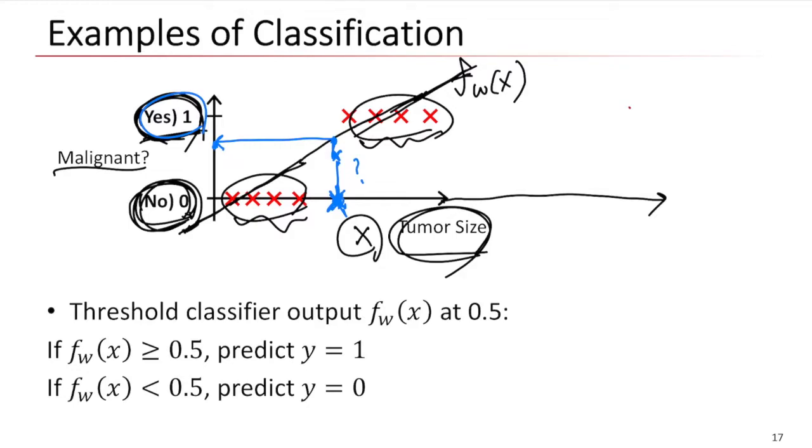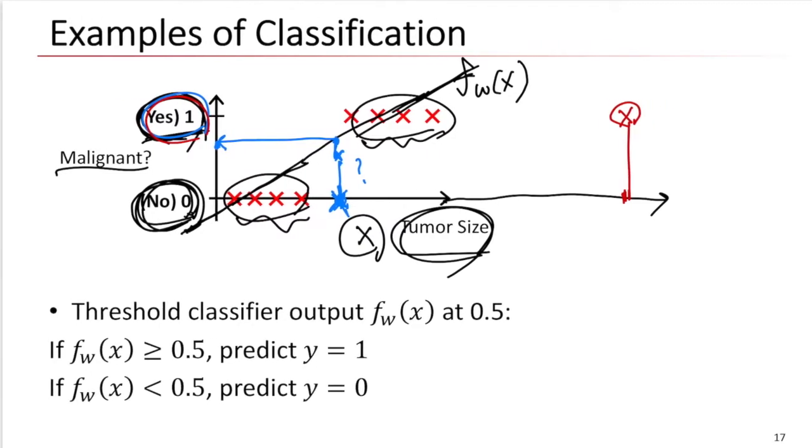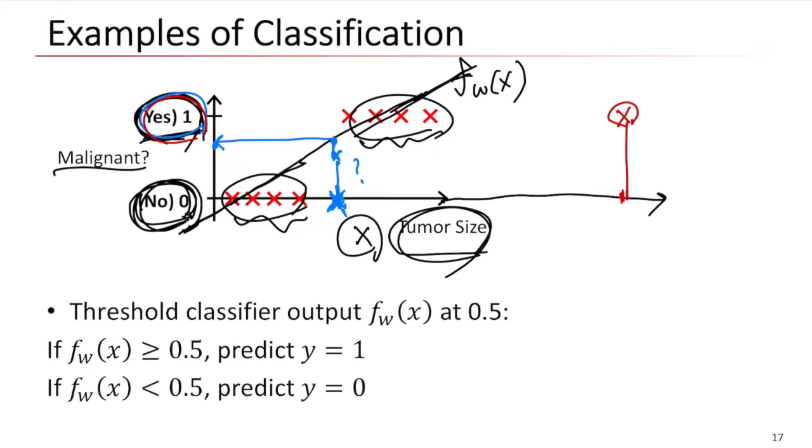But if there is a case with a really large tumor size, which is class 1, and we just use the linear regression setting, we would find a straight line that looks like this. Why? Because this is a very large outlier.